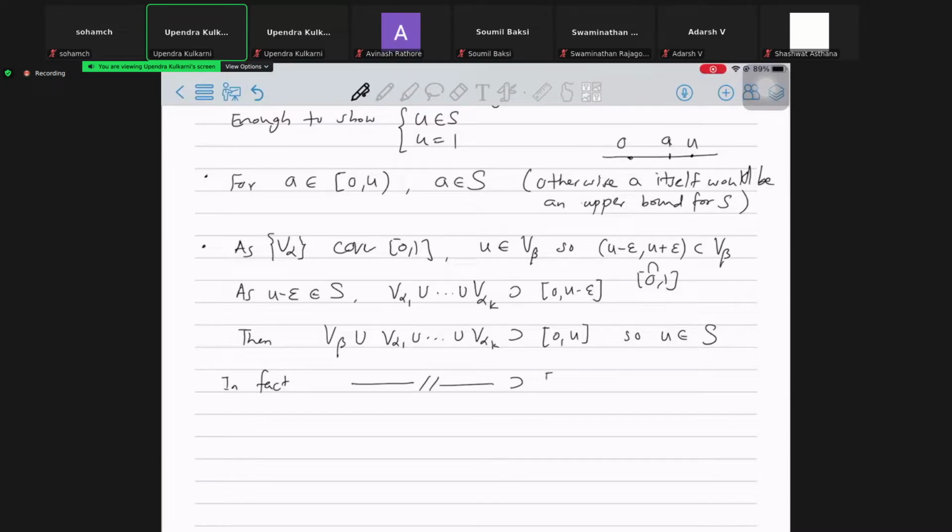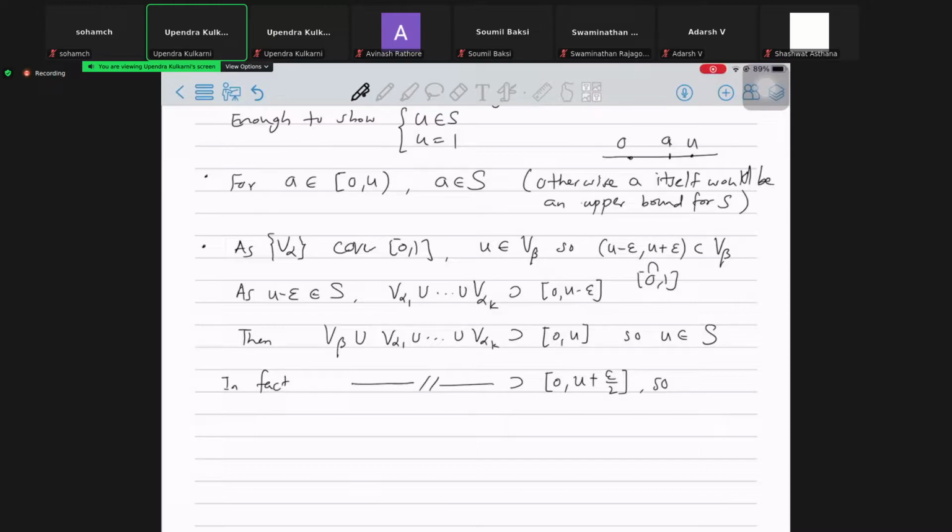But you see, in fact, this set contains not just 0 to U, but it contains the closed interval from 0 to, well, I cannot say U plus epsilon, but I can say, for example, U plus epsilon by 2. Is it clear? Because the interval from U minus epsilon to U plus epsilon does contain U plus epsilon by 2, right?